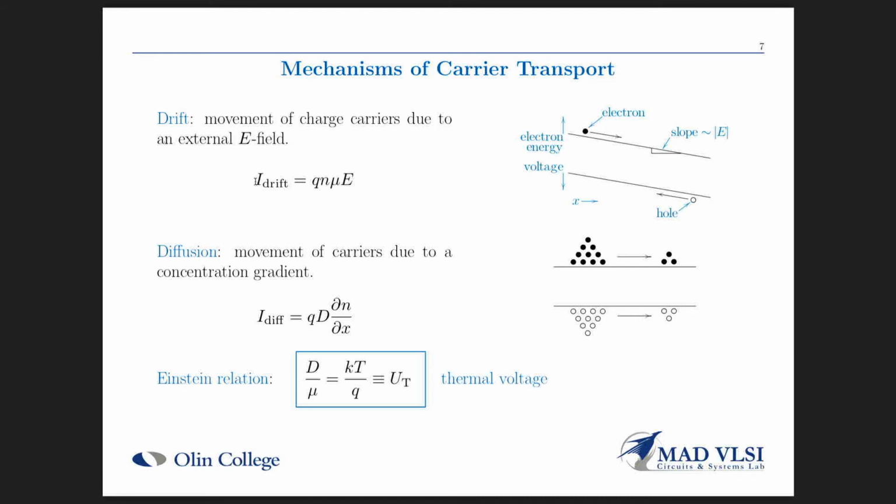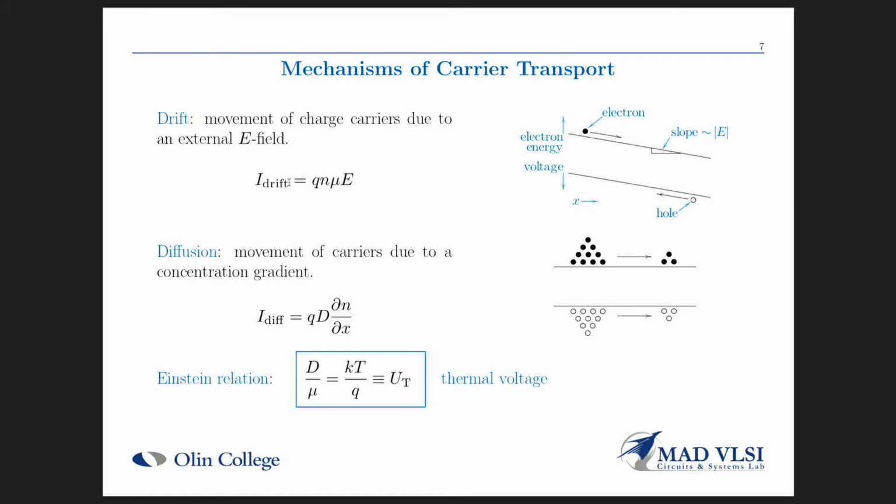The charged particles are experiencing a force due to the electric field, and that force accelerates them and they achieve a particular velocity, and charge times velocity is basically current.